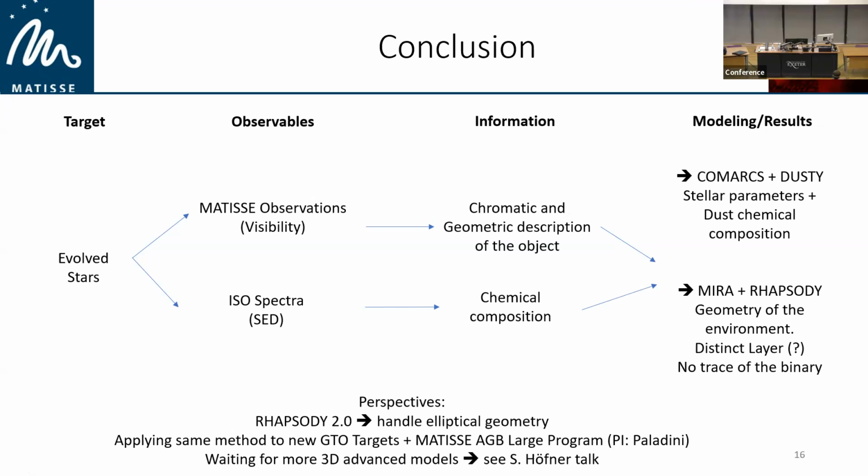Question. Yeah, hello, Julian. This is Jacques Tuska from K11. Very nice results. I was wondering, do you have any way to estimate the significance of the detection of the ring that you have with Rhapsody? Basically, Rhapsody is able to, at least in L-band, we estimated that above 2% of contrast ratio, you can detect the structures.